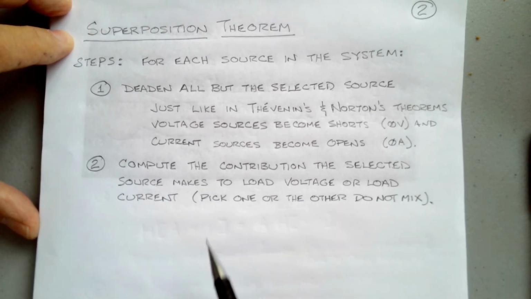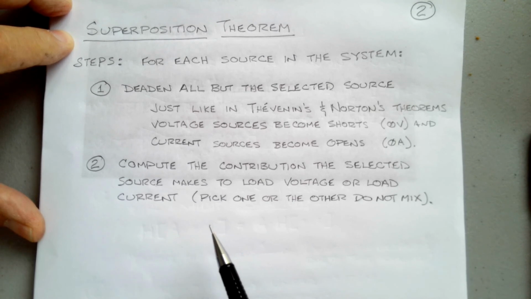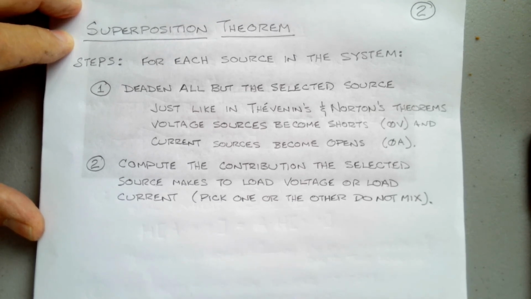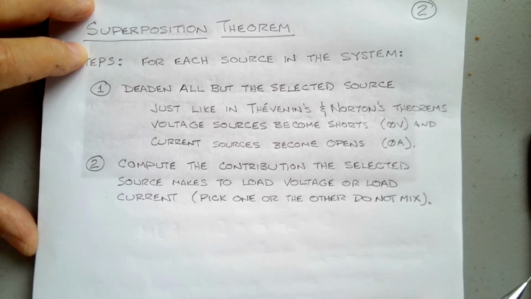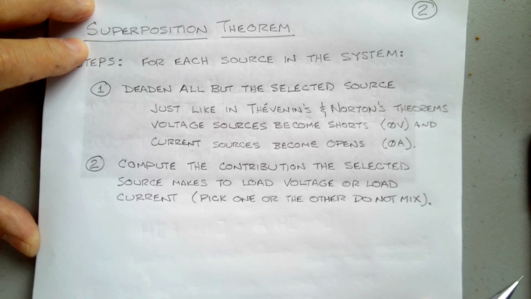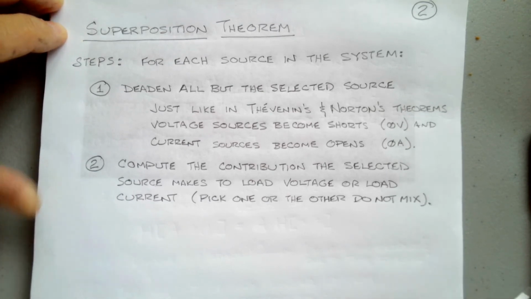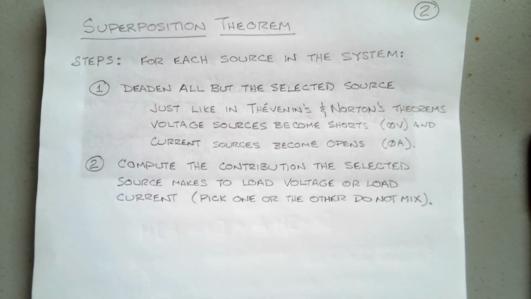So you do this for each source, and essentially you add up the contribution of each source and come up with a total, and that's going to be your load voltage or current. In resistive circuits with arbitrary waveforms, it's okay because you just pick a place on the waveform.